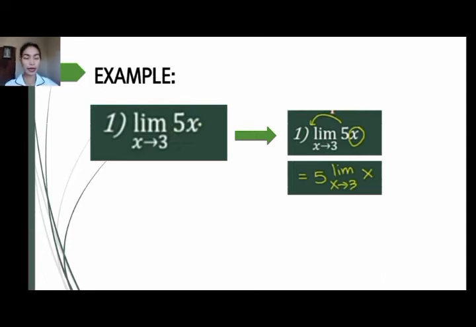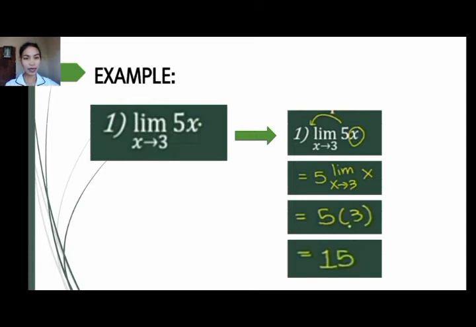By using the identity rule, the limit of x as x approaches 3 is just equal to 3, because we have to look at the value of our x. So it will become 5 times 3, and 5 times 3 is equal to 15. Therefore, by using the constant multiple rule and incorporating the identity rule, the limit of 5x as x approaches 3 is just equal to 15.